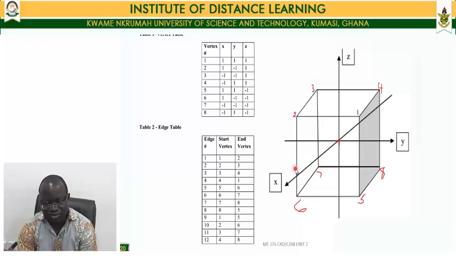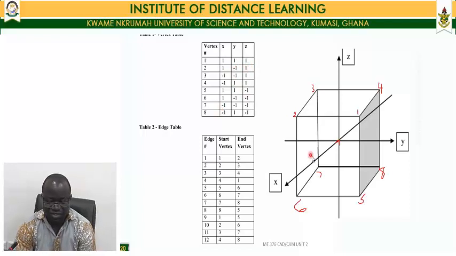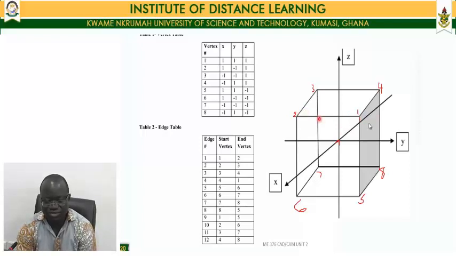Then that is what we call the vertex table. And then the edge table is generated. If you take this edge, the first edge, it has a start vertex 1 and end vertex 2. Edge 2, of course, will be between 2 and 3. Edge 3 will be between 3 and 4.